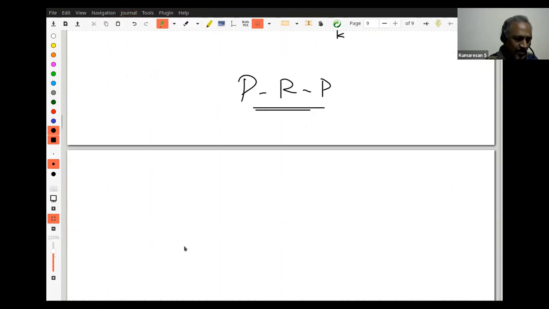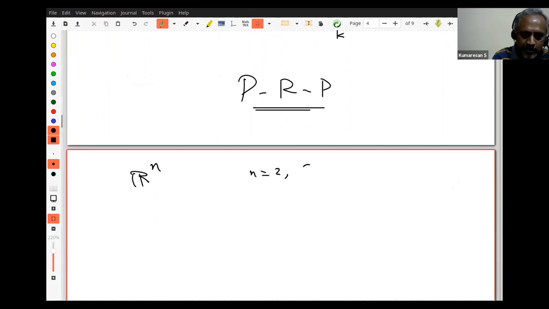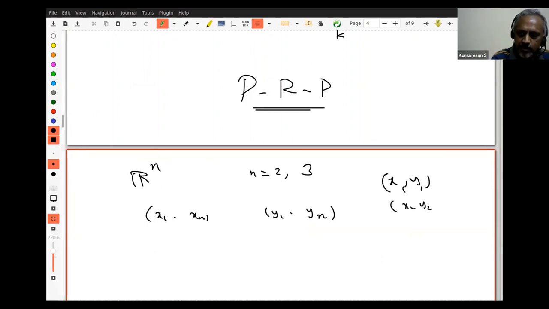Now suppose you have R2 or R3 or Rn more generally. For your convenience, you can take 2 or 3. Take 2 points. Let me call the first x1 to xn, writing x1, x2, x3 instead of x, y, z. Another one y1, y2, y3. In 2 variables, you will write it as (x1, y1), (x2, y2). In 3 variables, you will write (x1, y1, z1), (x2, y2, z2). But I am writing the n-variable case.